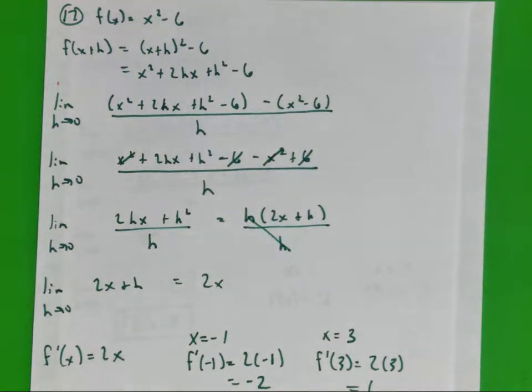F of x equals x squared minus 6. That is the function. I want to find the derivative using the formal definition. Formal definition, remember, is the limit as h approaches 0 of f of x plus h minus f of x over h.